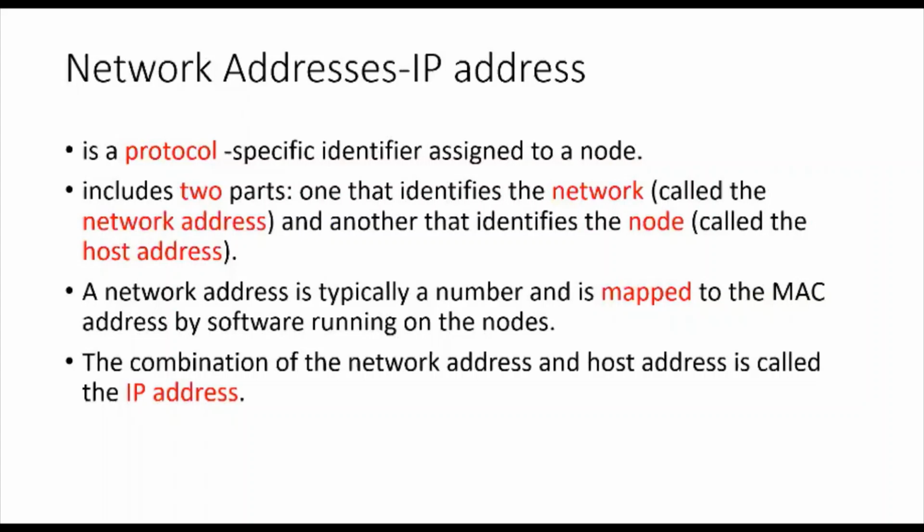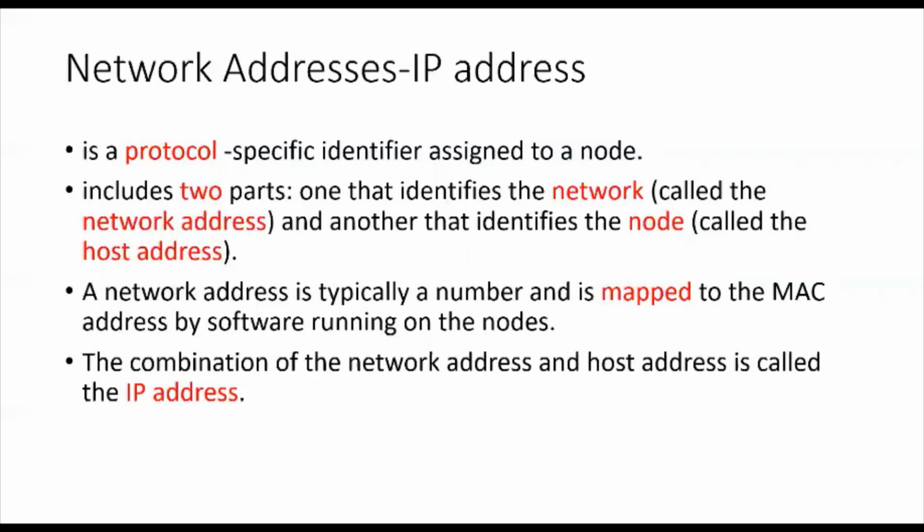Is it in the civil network, the EC network, or the IT network? Then by looking at the host address, you will point to that particular device. Is this device from the faculty office, or from the lab, or from somebody's personal laptop? So the IP address will help to identify that particular device in the network.